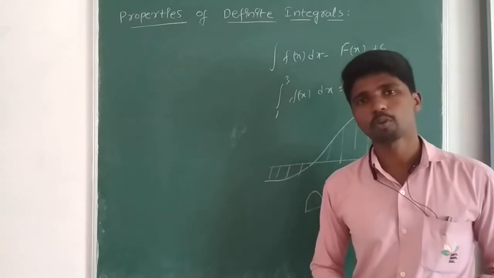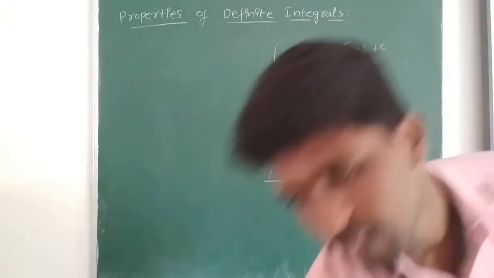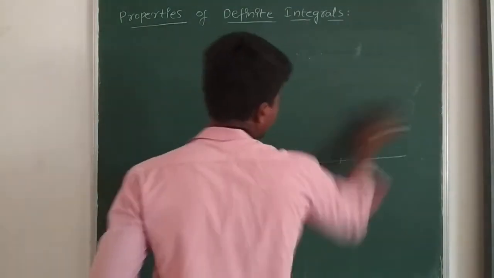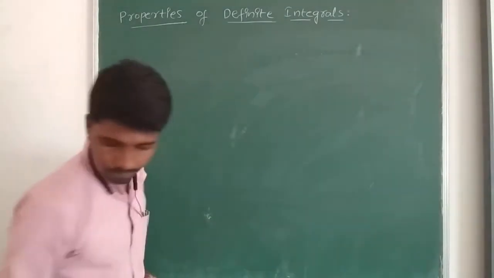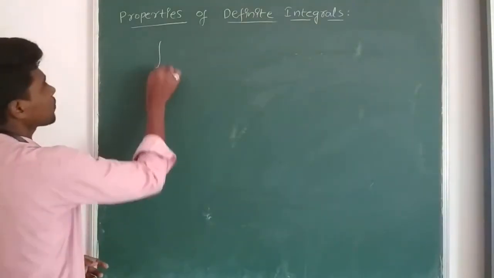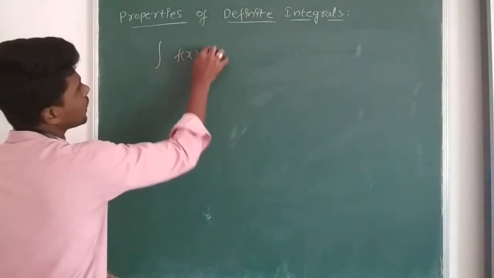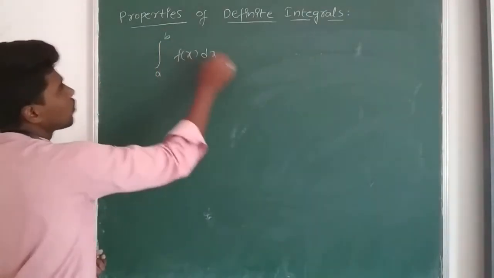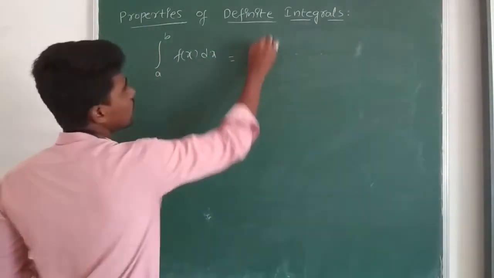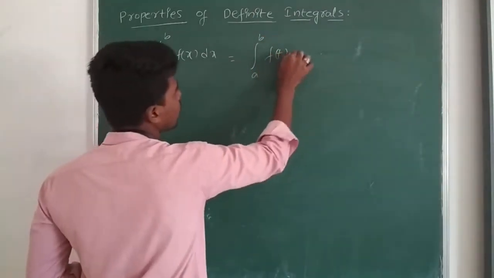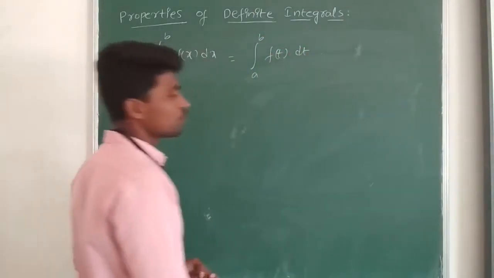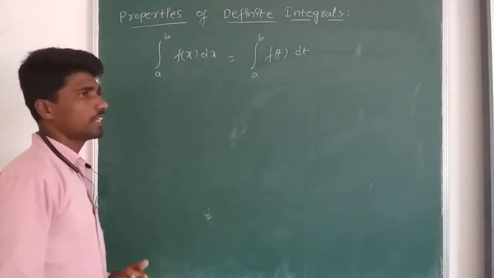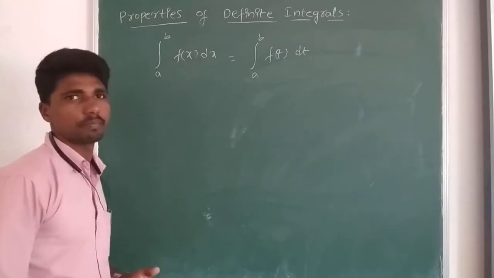So we start. What are the properties we have? If I consider the integral of f of x dx defined between a and b, it can be rewritten as the integral from a to b of f of t dt. In this case, if I replace x by t, there will be no change.